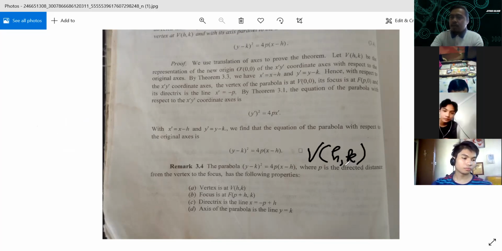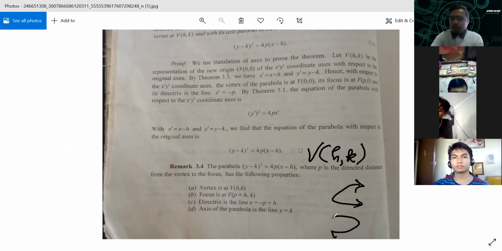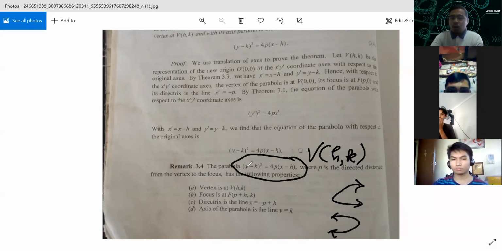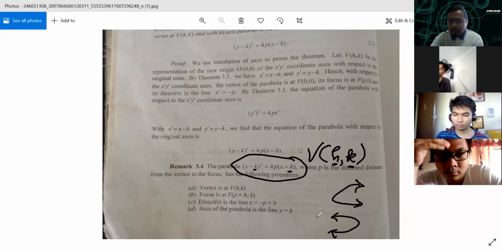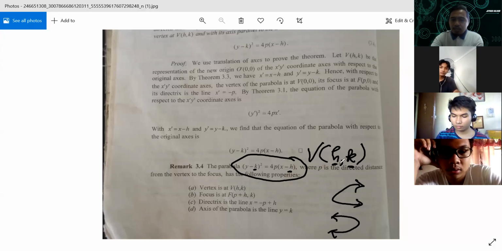And your parabola is either opening to the right or opening to the left, then you will be using this formula, this form: (y minus k) squared equal to 4p times the quantity of (x minus h), wherein this k and this h are values of the abscissa and ordinate of your vertex. Clear, no? So it is very important to know your vertex at (h, k).